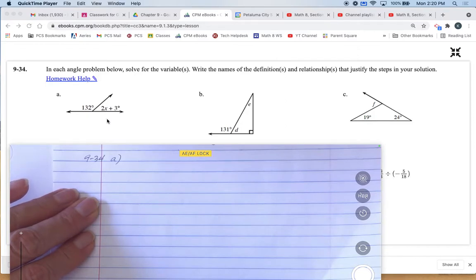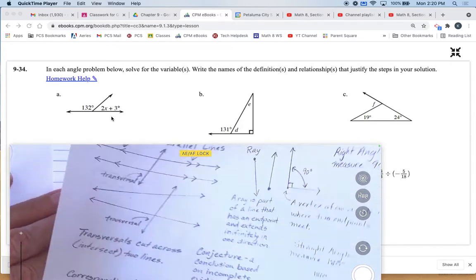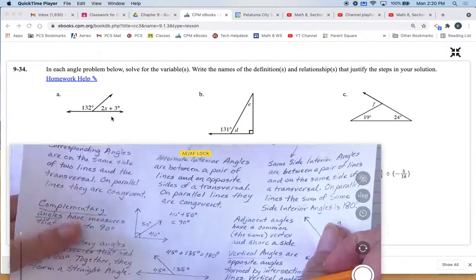Okay, so this one that I'm looking at, I recognize right away that this one and this one are supplementary angles. So let's take a look at what the definition of that is.